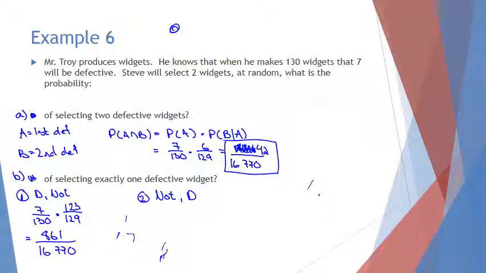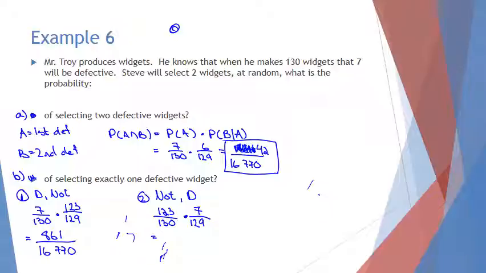Then case 2, I'm going to say the first pick will not be defective, but the second one will be defective. So for not defective, we said there's 123. And I haven't picked anything out yet, so that's out of the 130 that are in the box. For defective, I haven't chosen a defective yet, so there are 7 defective in there, but there's only 129 widgets in that box right now.